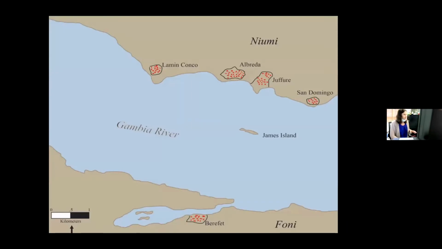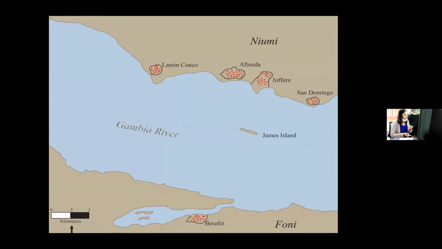So the main sites that I look at, and where I've conducted archaeological excavations and where some of the material goods that I'll refer to are coming from, are Juffure and Albreda. These were already established towns before the French and the British set up shop there in the 17th century.